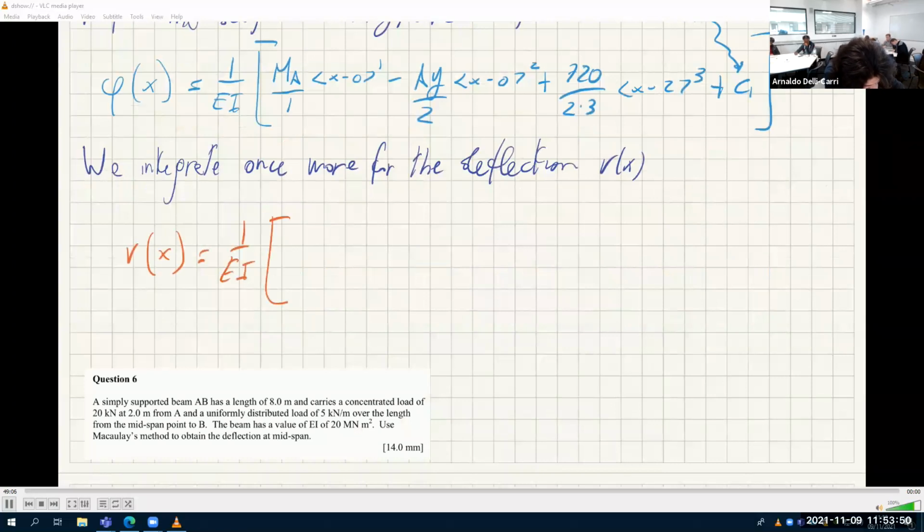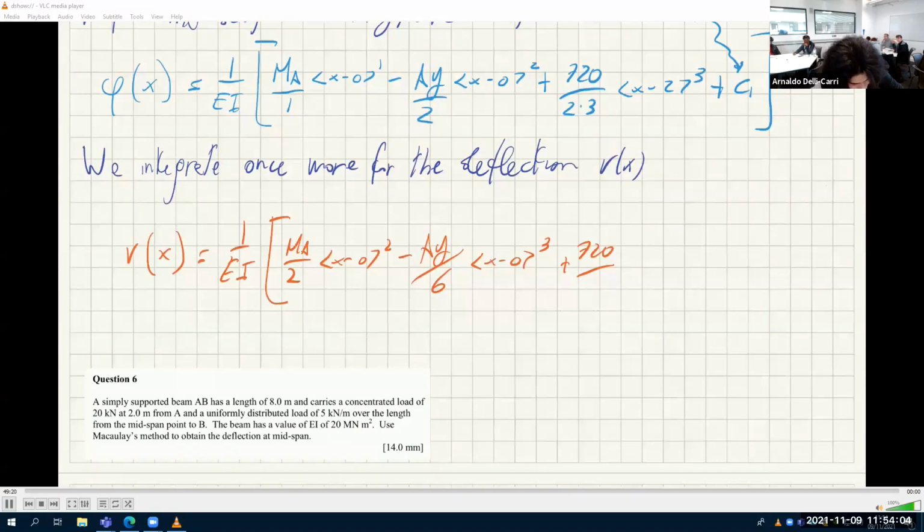Integrating this is MA divided by 2 times x minus 0 squared, minus AY divided by 6 times x minus 0 to the power of 3, plus 720 divided by 6 times 4, which is 24, times x minus 2 to the power of 4, plus C1 x plus C2. You agree with me?